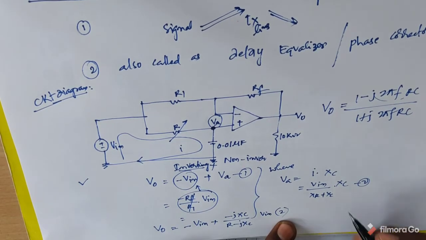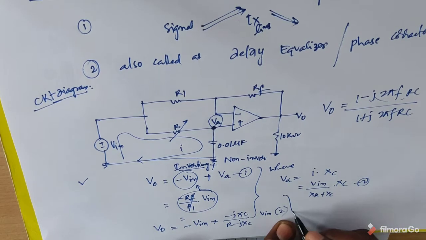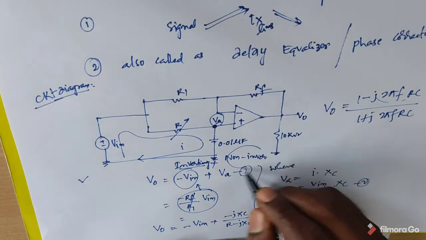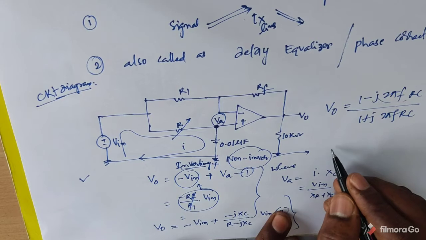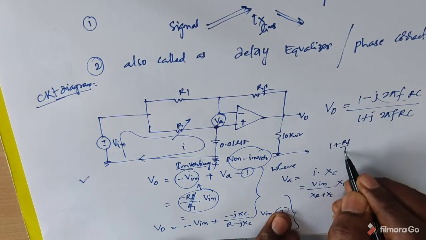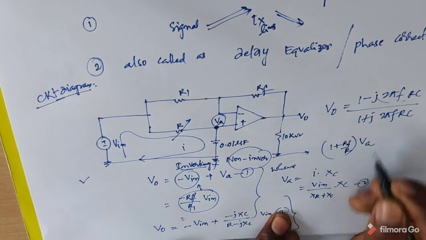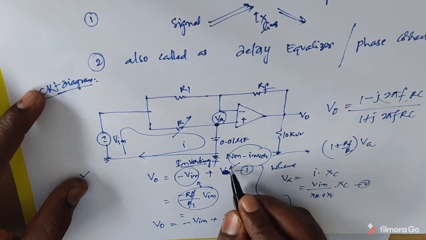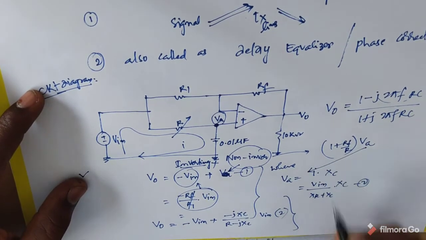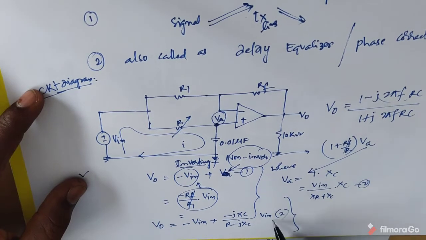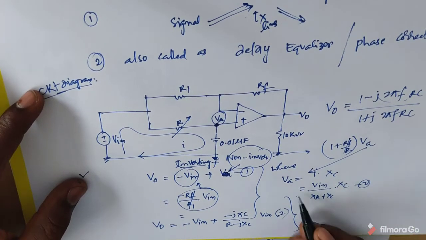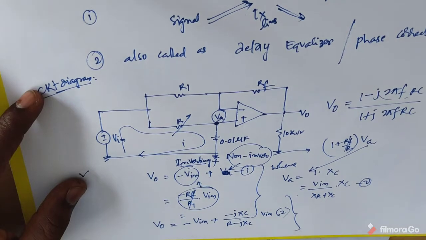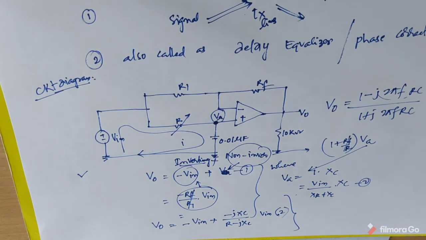That is 1 plus Rf by R. That is the total function for the non-inverting expression, 1 plus Rf by R into Va, where Va is equal to this. If both values are the same, 1 plus 1 is 2. Like that you can consider this type of expression.